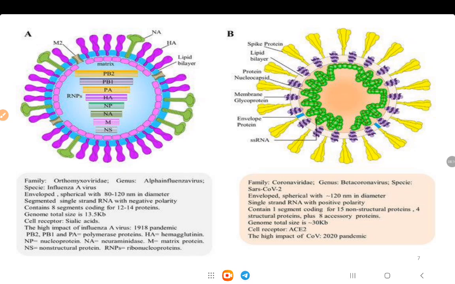Influenza has two surface proteins called hemagglutinin and neuraminidase, which help to infect the cell by binding to the sialic acid receptor, whereas SARS-CoV-2 uses the spike protein to bind to ACE2 receptors, the angiotensin converting enzyme 2.